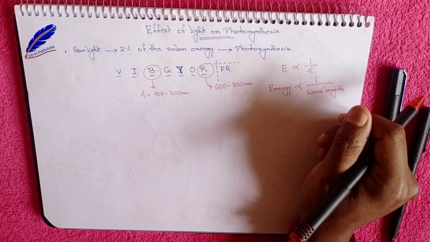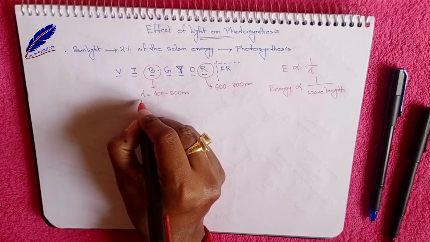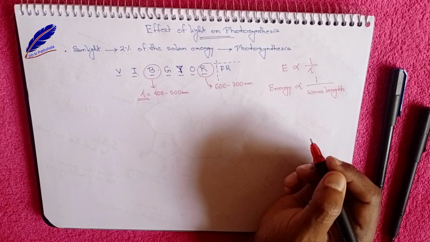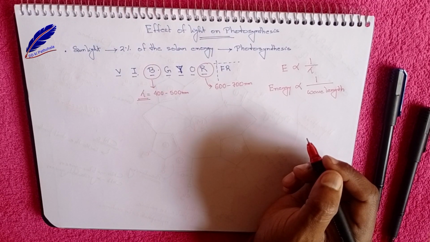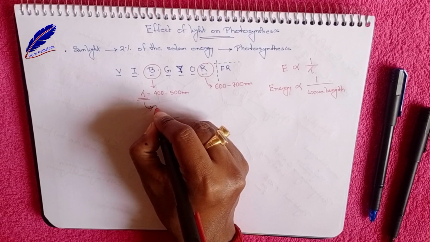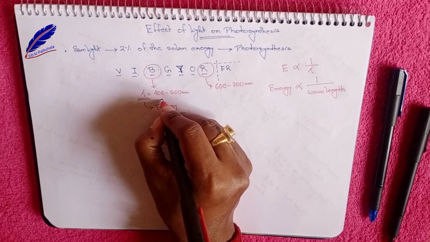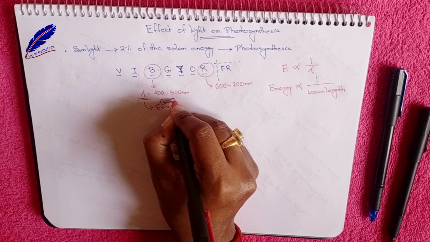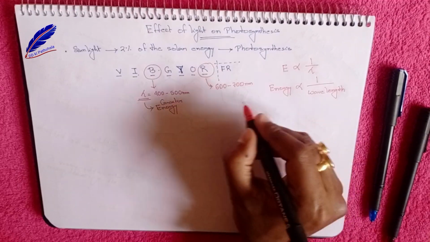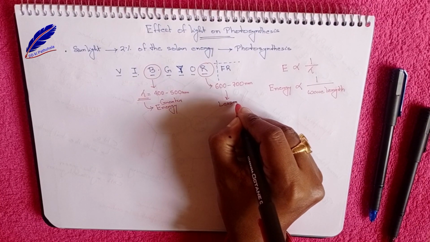It can be concluded that lesser the wavelength of light, greater is the energy, while greater the wavelength of light, less is the energy.